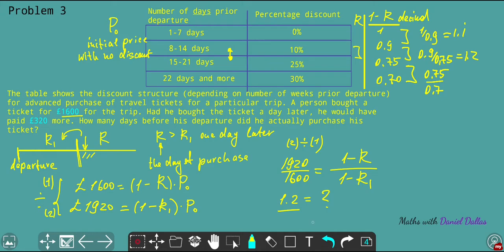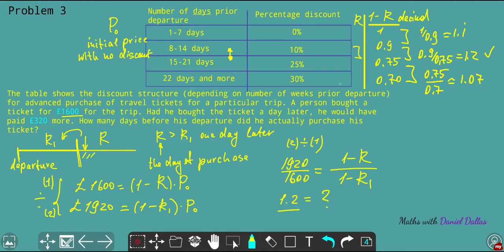Finally, 0.75 over 0.70, we'll get around 1.07, smaller. So definitely the purchase was made in between the 15-21 days period and the 8-14 period, somewhere in between.